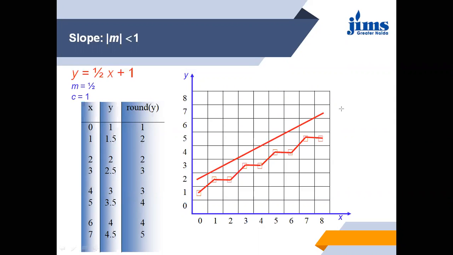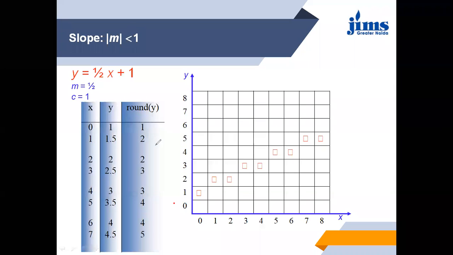So this is the thing that we have to learn. When the value of m is less than 1, the same will happen when the value is greater than 1. When the value is greater than 1, in that case, every time we have to increase the value of y by 1, and we have to find out the value of x.